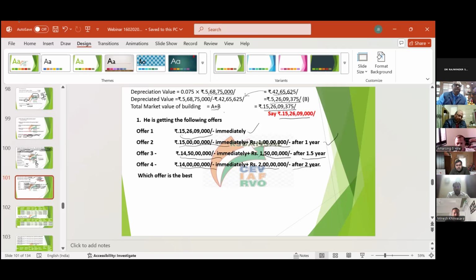Which offer is the best? How will you calculate that? We have to calculate present value of 1 crore, 1.5 crore, and 2 crores. We have to do it in this way.